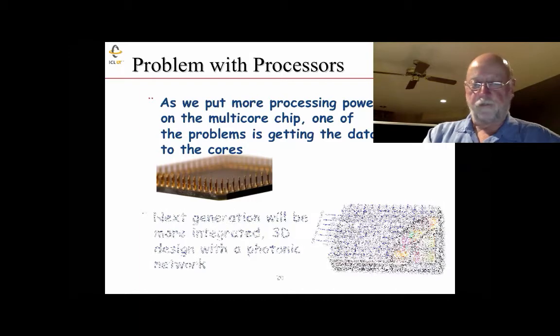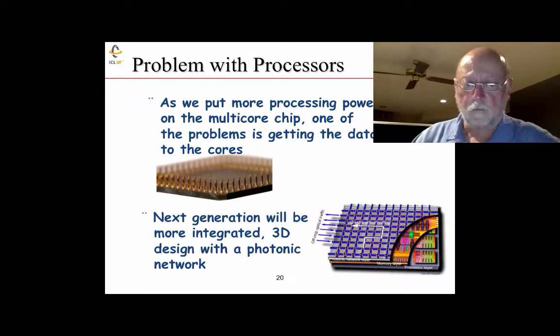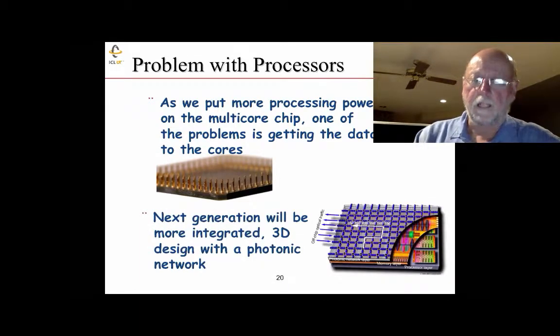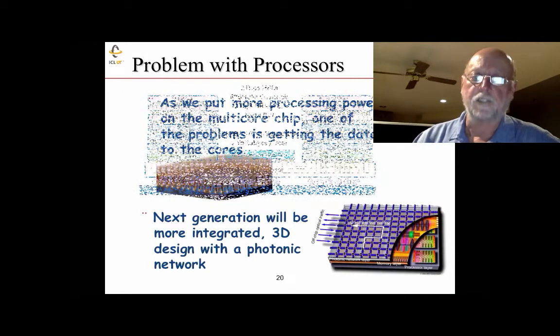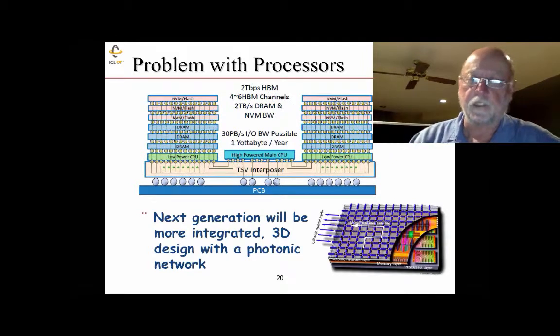One of the issues in the future is we're going to go to a more integrated chip design, which has three-dimensional stacking associated with it, and also a photonic network. So instead of copper, they'll be passing information around through some kind of optic paths on the chip, and then there's this three-dimensional stacking that'll occur on the device itself.